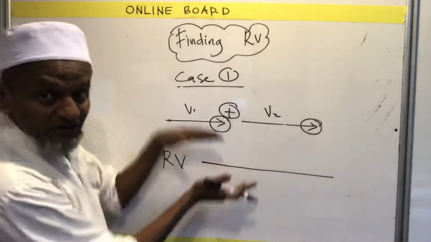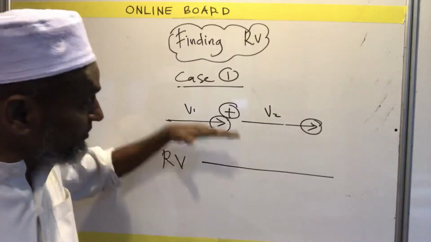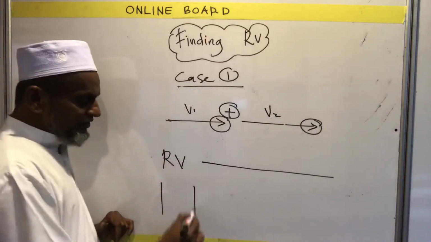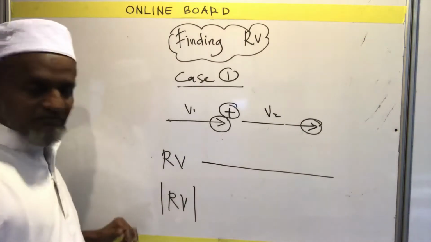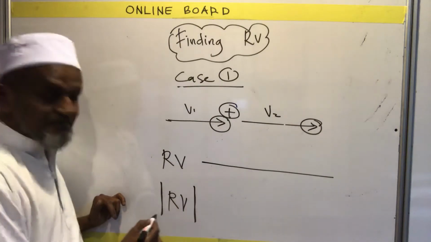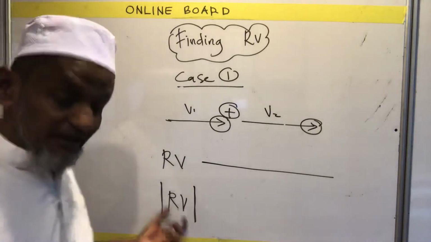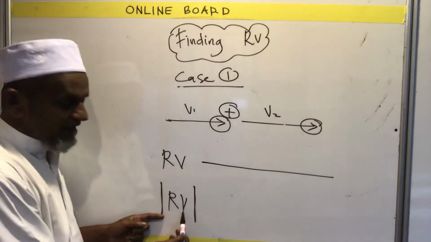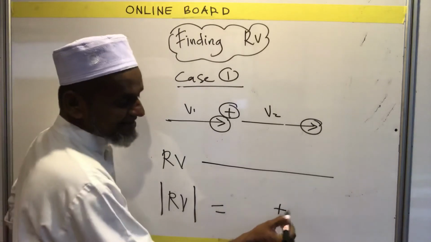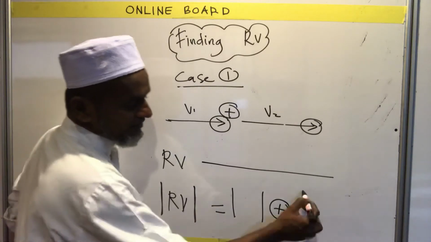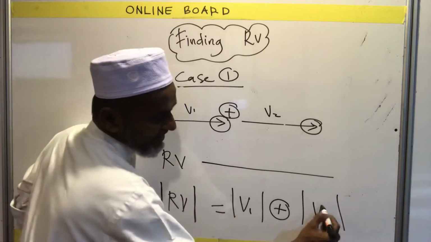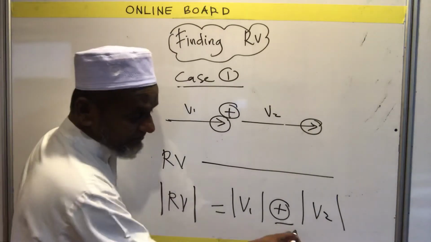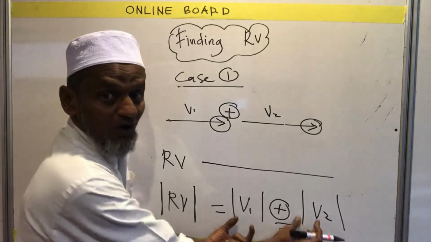The resultant vector must be parallel to the original vectors, whereby the magnitude of the resultant vector is the sum of the magnitudes of the two original vectors. Remember, a vector has magnitude, and these two lines represent magnitude.